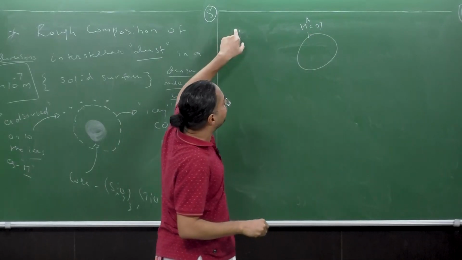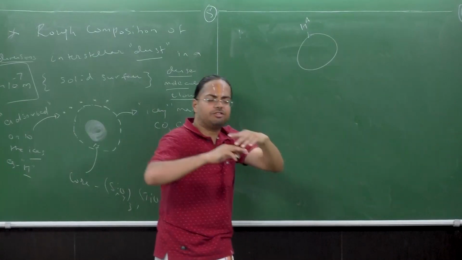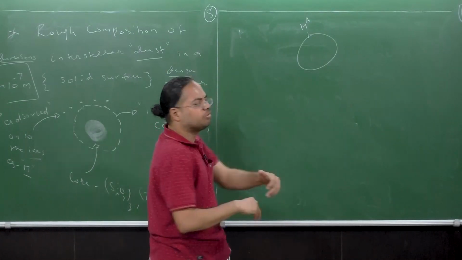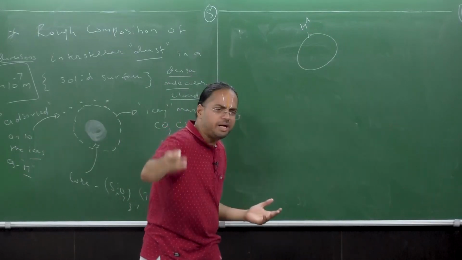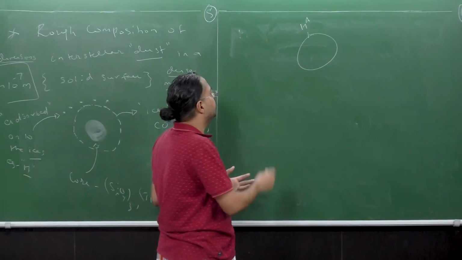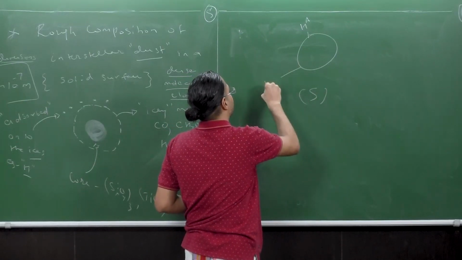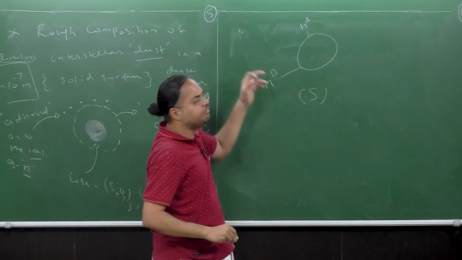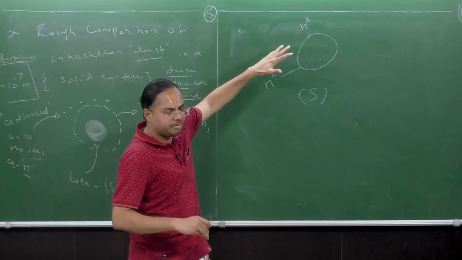The HA from the gas phase gets adsorbed onto the surface. This surface has different layers, of varied thickness and so on. Now let's say one more hydrogen atom, HB, again from the gas phase, gets adsorbed onto the surface in a different orientation.